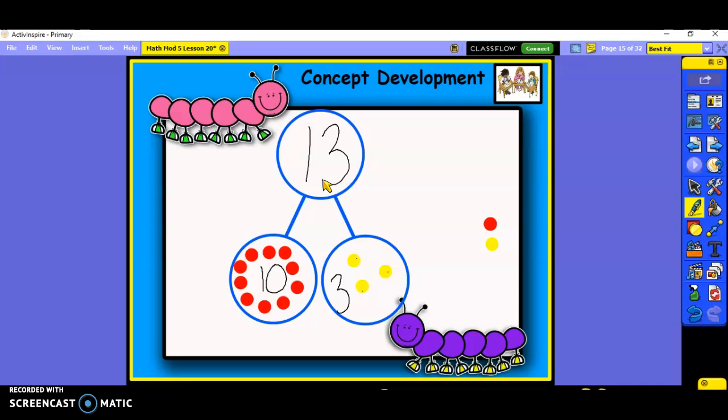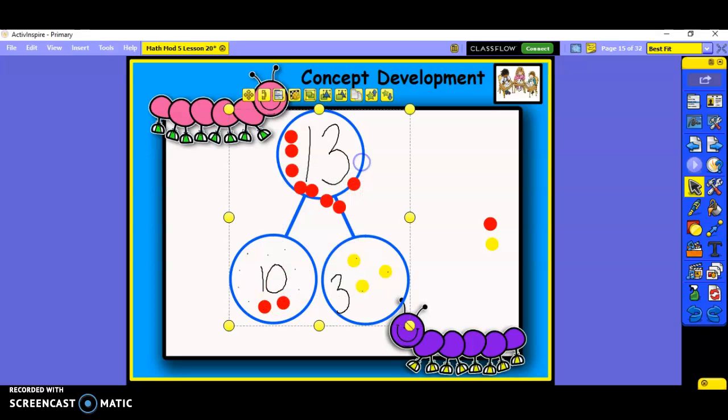Now, when we show numbers, we can use objects to show numbers. We can draw numbers. That's right. We can use hide zero cards. When I put my 10 and my 3 all together, let's move all of our objects together. I'm going to try to fit them in all together.